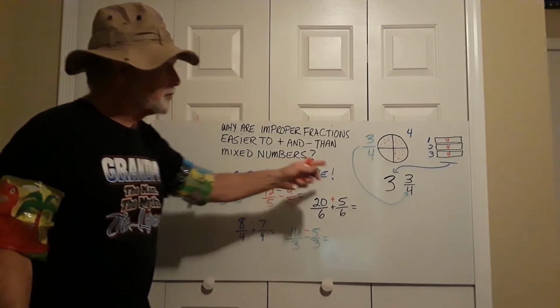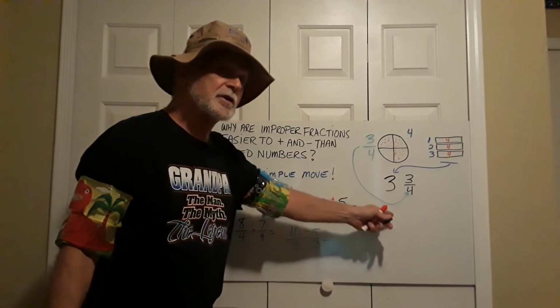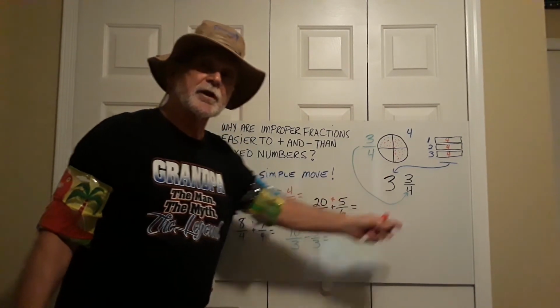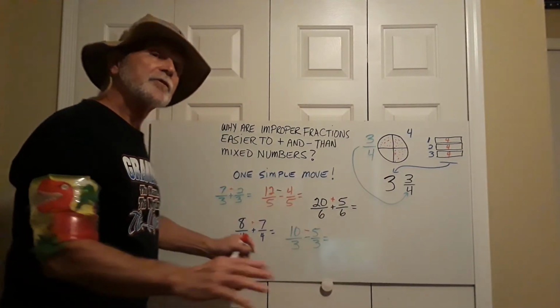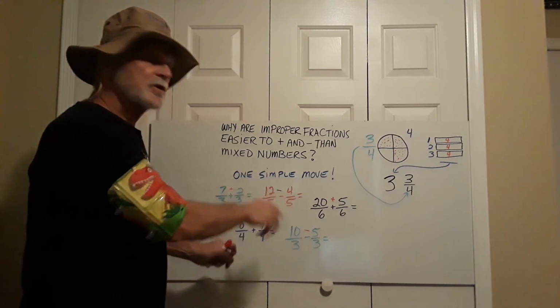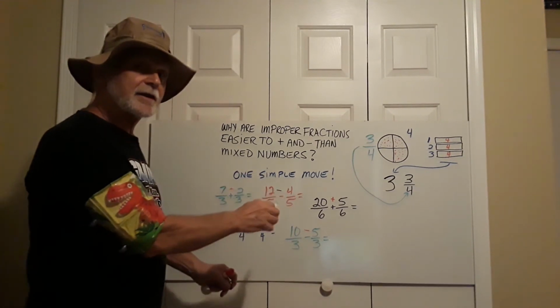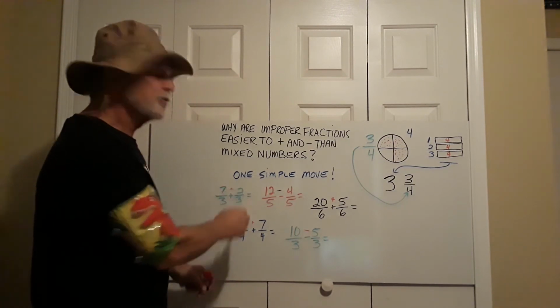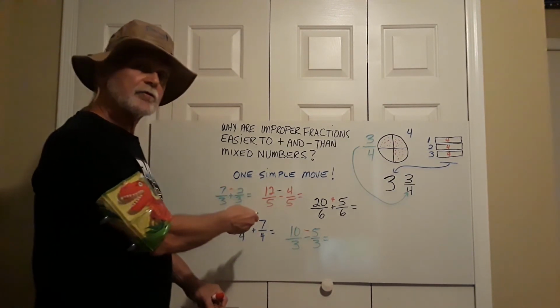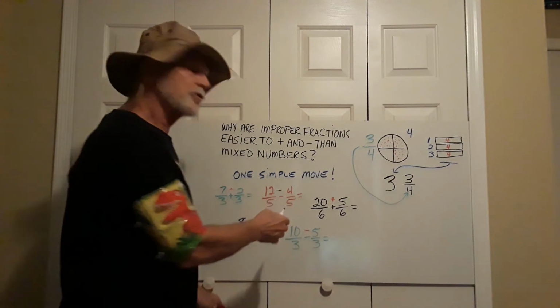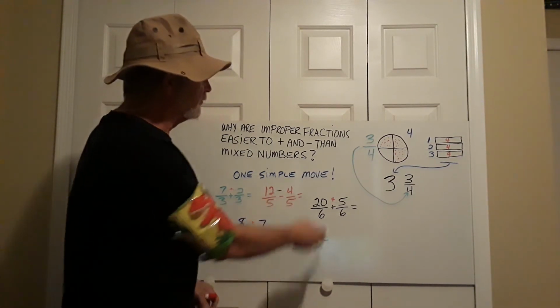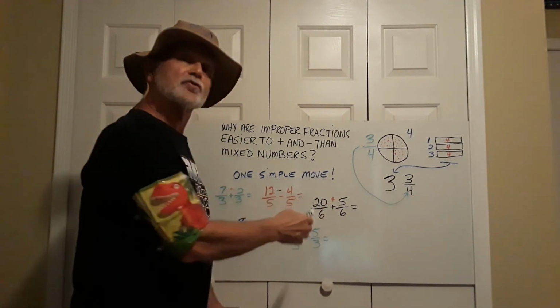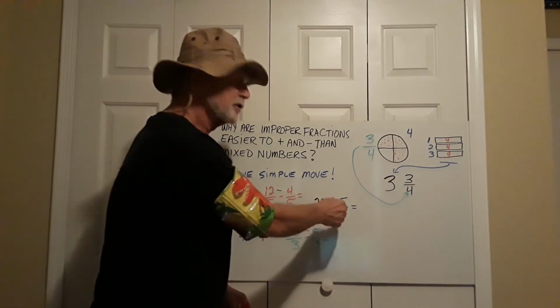With mixed numbers, adding 2 mixed numbers together, it's a little more complicated, and I want you to have the best way to do this operation, adding numbers like this. So here, all we have to do is add 7 and 2, and we get 9. The answer is 9 over 3. 12 minus 4 is 8, 8 over 5. 20 plus 5 is 25 over 6.